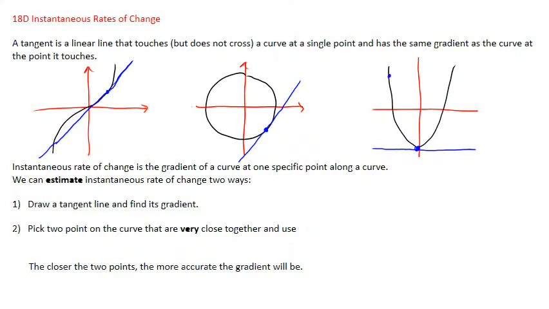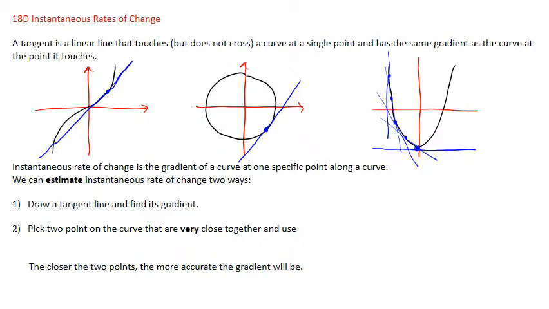If you'll notice, if you did tangent lines the whole way along, this is hand drawn, so it's not going to be great, but that one would be pretty close to horizontal. That one would start coming that way. That one would go that way. The gradient of all those tangent lines is constantly changing when you go around the parabola or any curve.